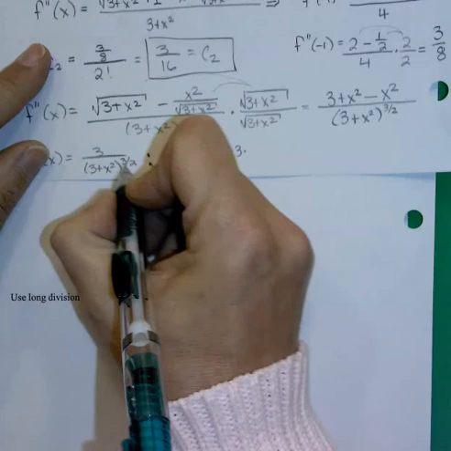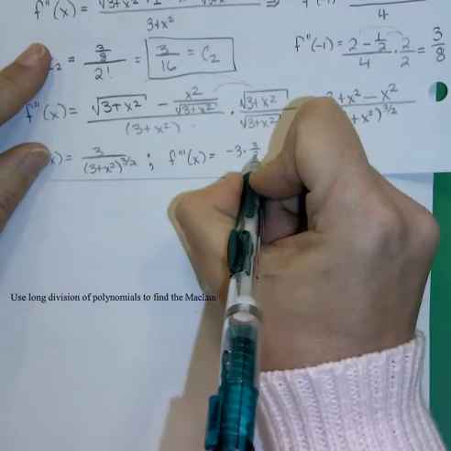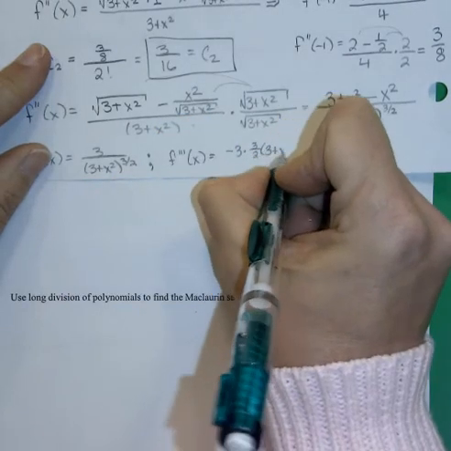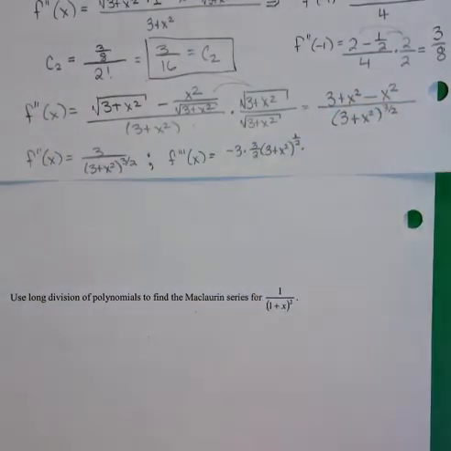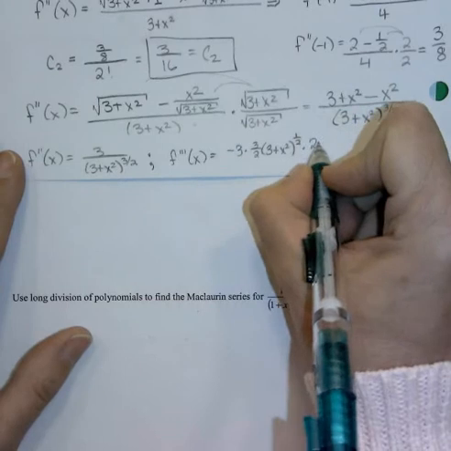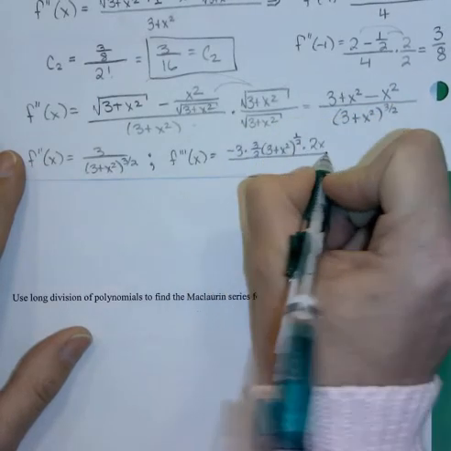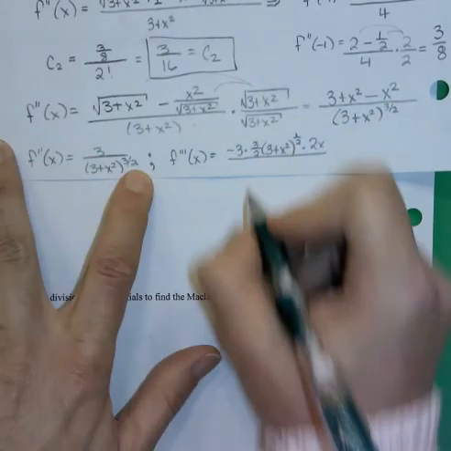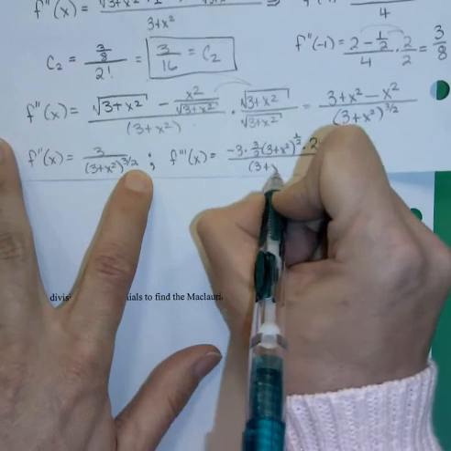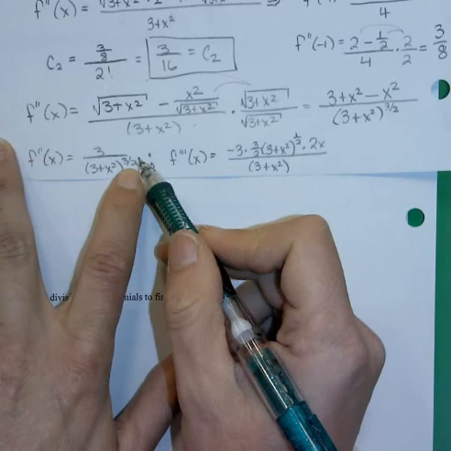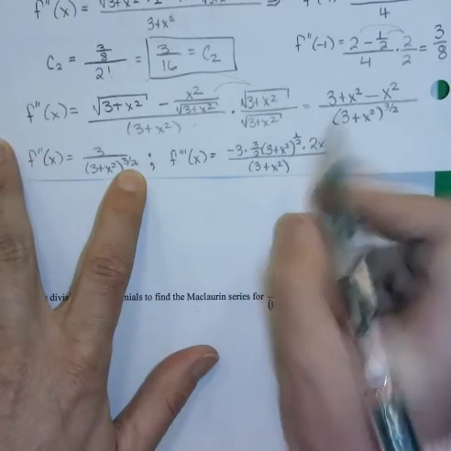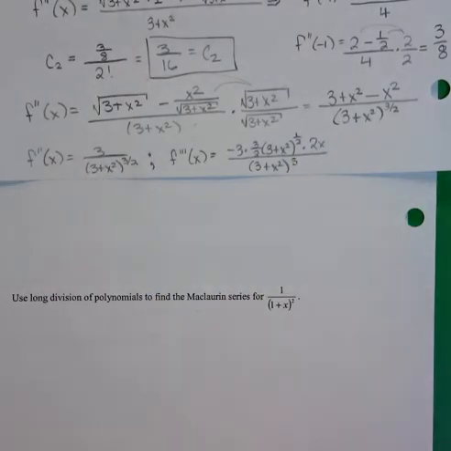So I'd have 3 halves, 3 plus x squared to the 1 half times the derivative of what's inside, which is 2x, all over the bottom squared. So I have it to the 3 halves power, and then I'm squaring it. Well, just multiplying exponents leaves this so that it's cubed.